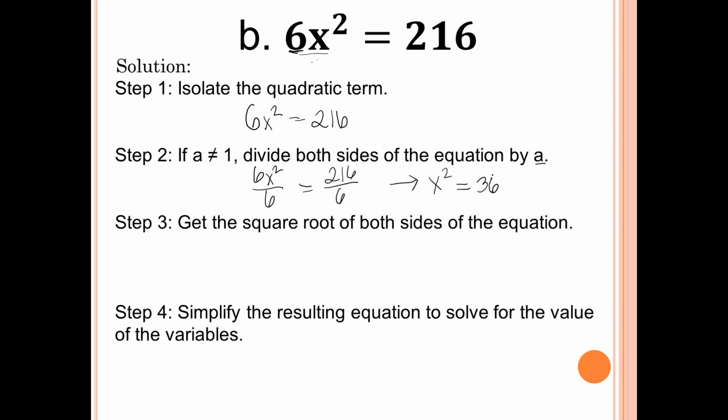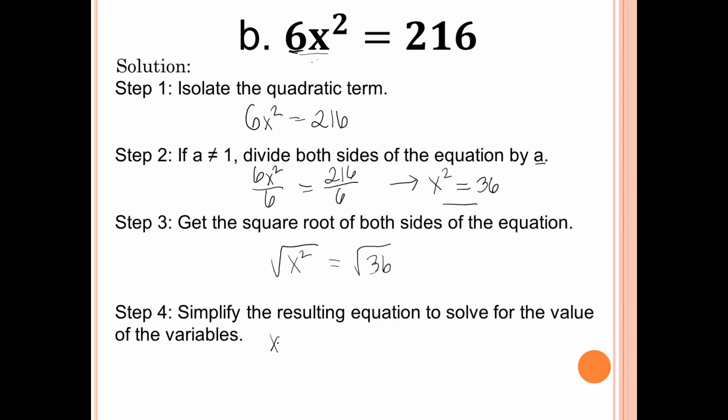Next, get the square root of both sides of the equation. So we have here square root of x squared equals the square root of 36. Then step 4, simplify the resulting equation to solve for the value of the variable.